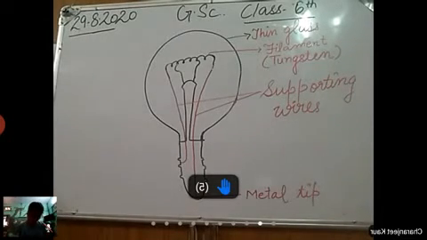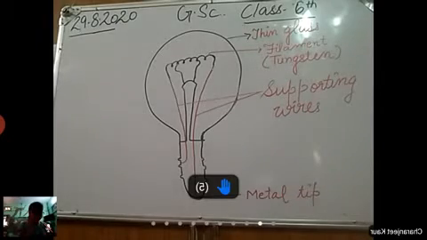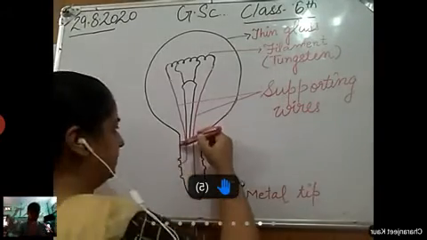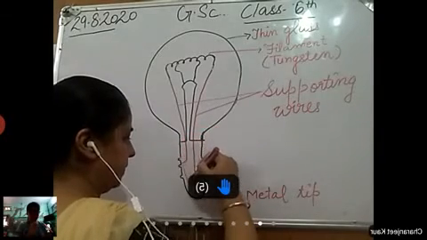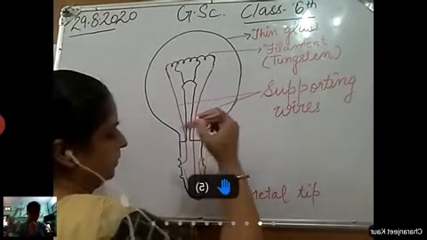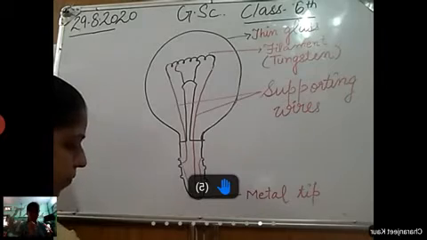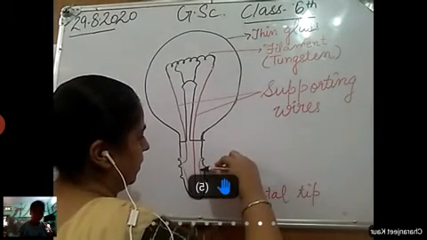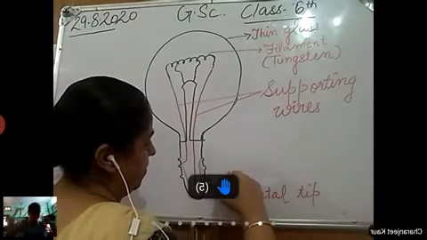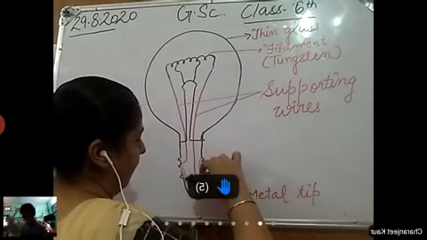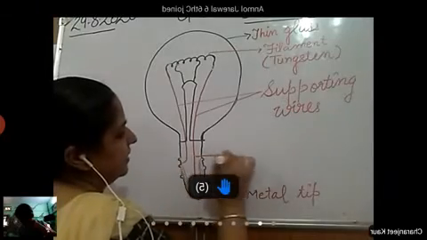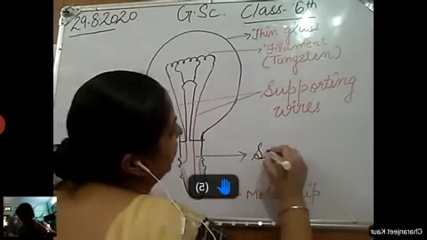Then after this metal tip, they are separated by, you can do like this, there is a sealing wax. Here it is sealing wax.